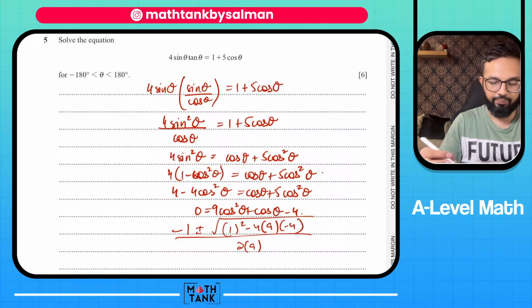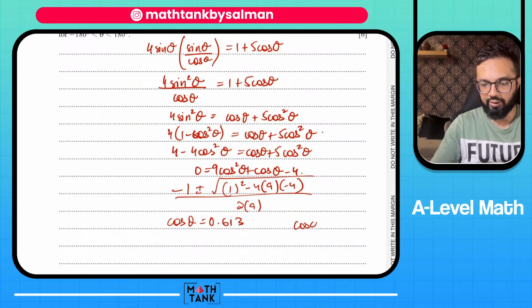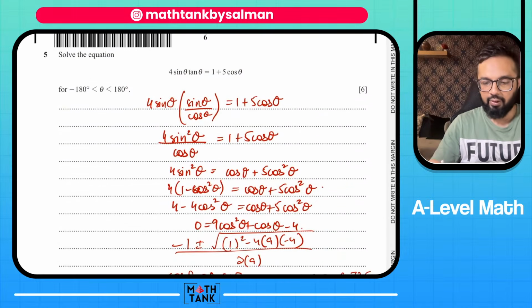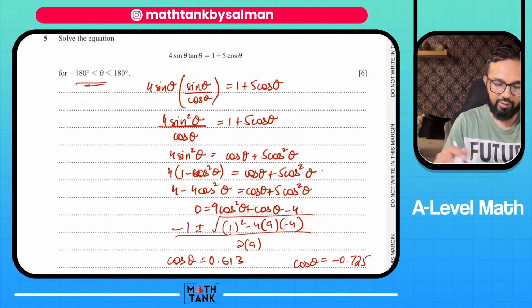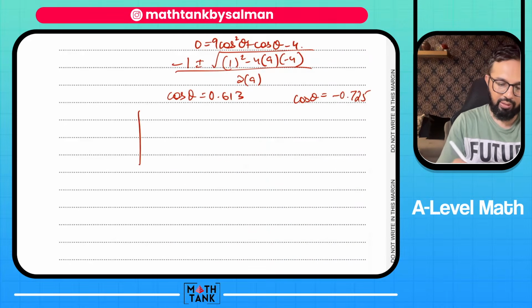So I have cos theta equals 0.613 and cos theta equals minus 0.7245. Okay, so I have to have theta from minus 180 to 180.